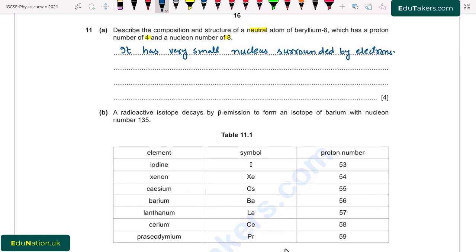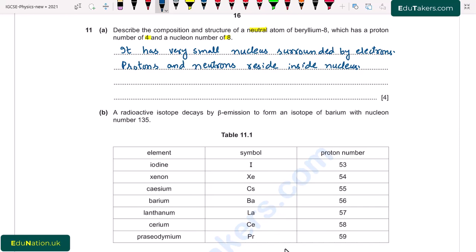Secondly, we know that the protons and neutrons reside inside the nucleus. So I write here, protons and neutrons reside inside the nucleus. Now we calculate the number of protons, the number of nucleons and the number of neutrons.